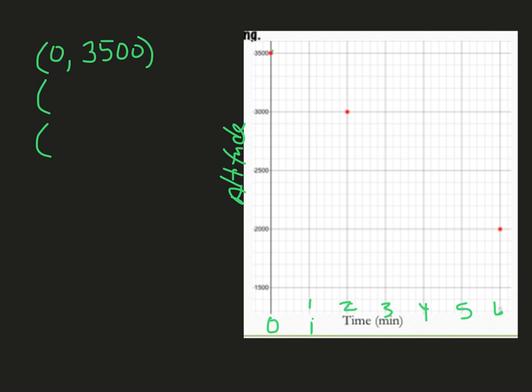Minute 2, we know that he was at 3,000 feet. So we don't know minute 3, we don't know minute 4 or 5. We know minute 6, he was at 2,000 feet.